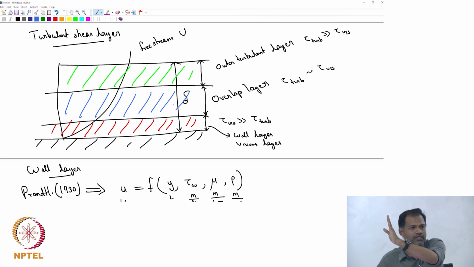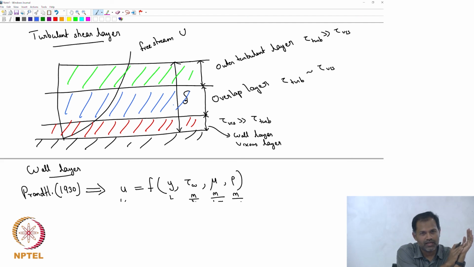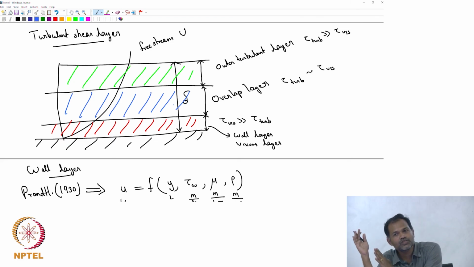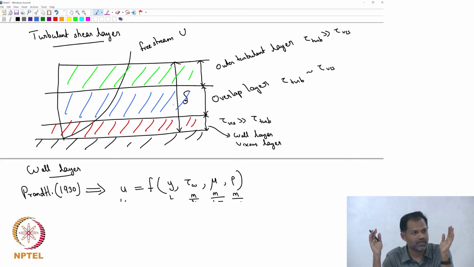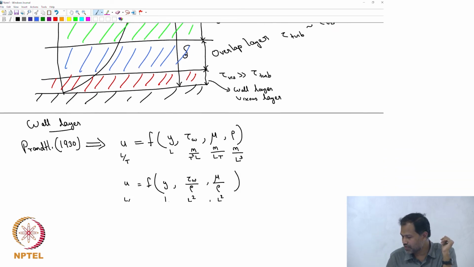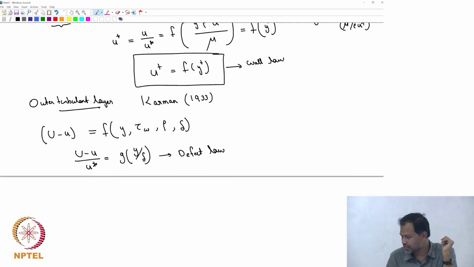That is the way it was interpreted, and therefore people were actually able to derive an expression for the overlap layer, some expression that will match with these two regimes. So I am talking about something in between, where if my y is very small, then it should be like my wall layer. If my y is very large, it should be my defect layer. So what could be something in between? We do not derive it, we are just going to take the result and proceed.